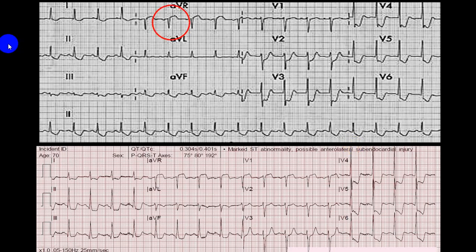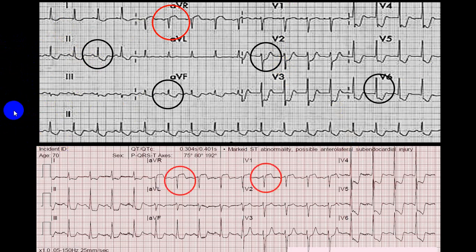So AVR more than V1 and ST depression in many leads, lead 1, lead 2, lead 3, AVF, V2 to V6, it is LMC occlusion, many leads. You can see very clear, and here AVR is more than V1. So again it is in favor of an LMC occlusion or LAD or triple vessel.